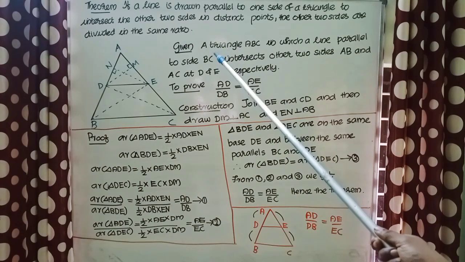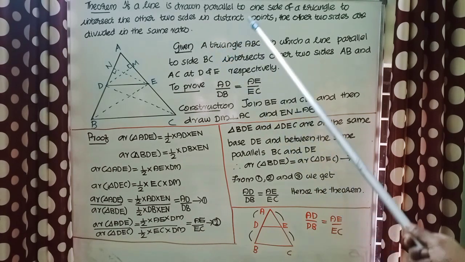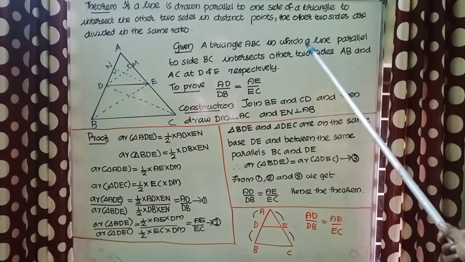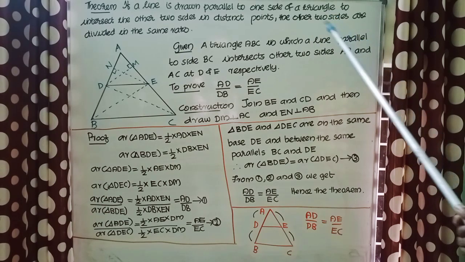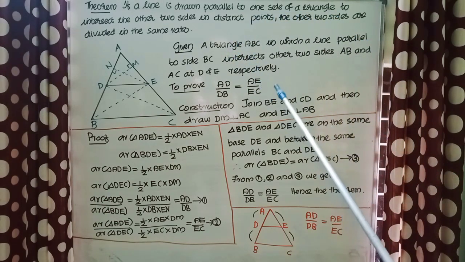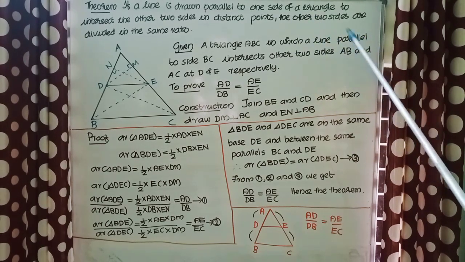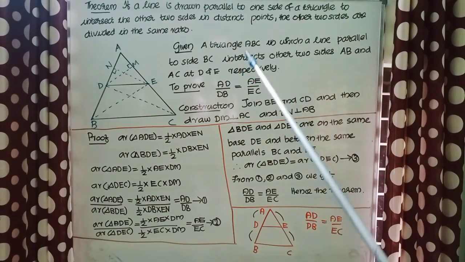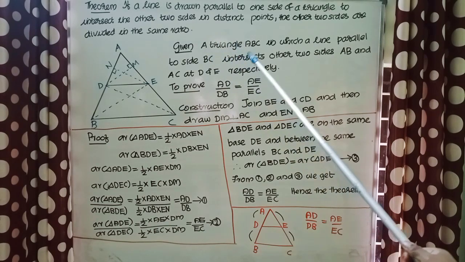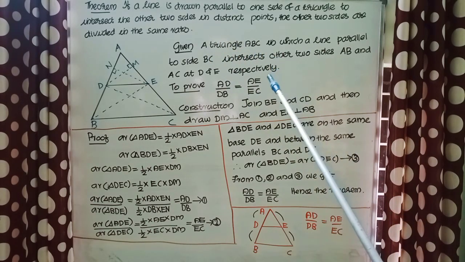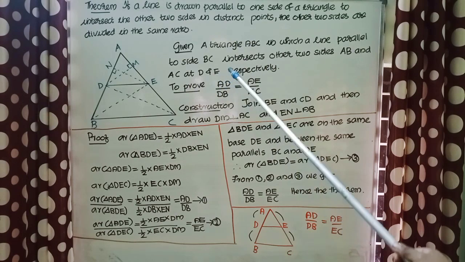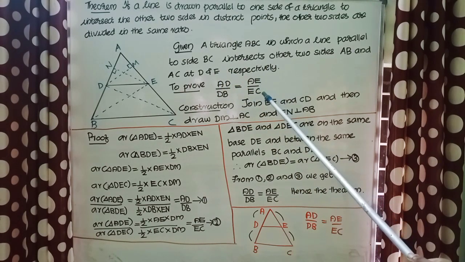First, let us write down what is given. A triangle ABC in which a line parallel to side BC intersects the other two sides AB and AC at D and E respectively. To prove: AD by DB equals AE by EC.